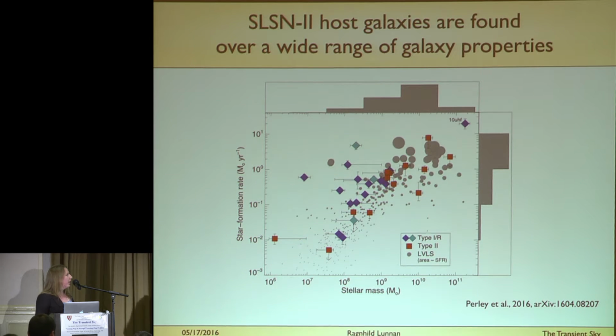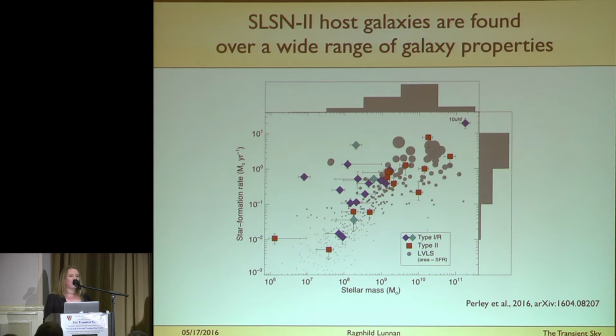There are some in extremely faint galaxies. In fact, the two most extreme galaxies in Dan's sample are type 2 superluminous supernovae, but by and large, they seem to more or less follow the star-forming population. There's no obvious preference for low-mass, low-metallicity galaxies in the same way that there is for type 1s. And that is probably telling us that these two populations have different progenitors, basically. So that's interesting.